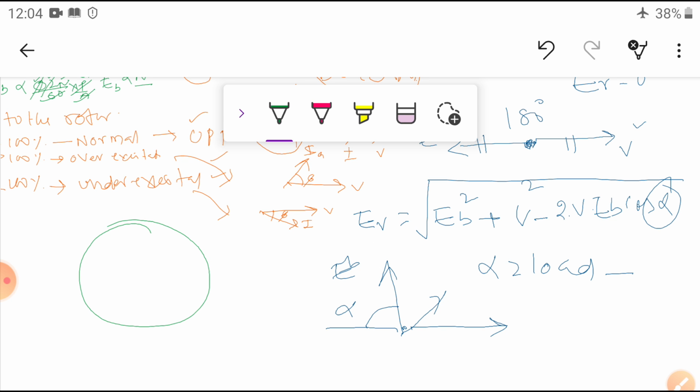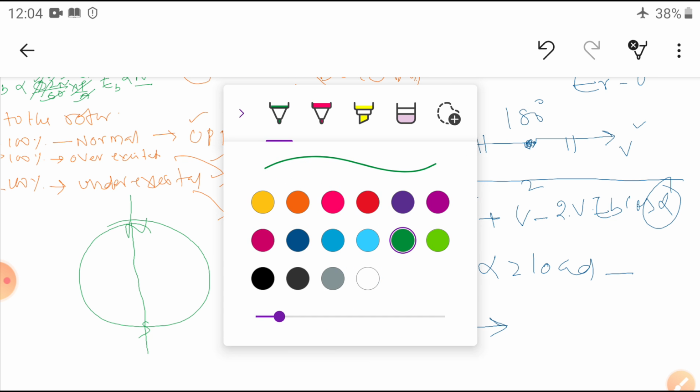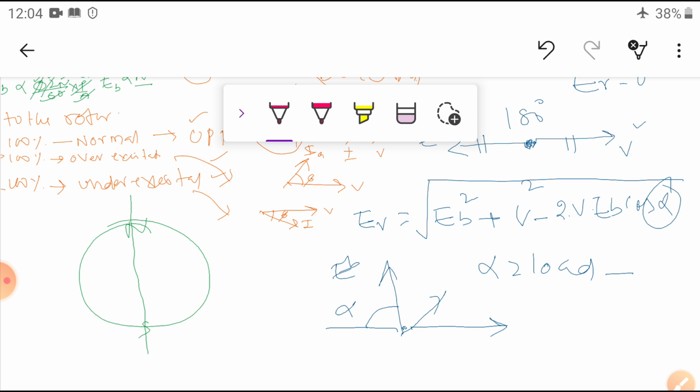The stator has a north pole and south pole, and the rotor also has a north pole and south pole. Then the stator axis and rotor axis coincide with each other. The difference between the two is called alpha, which is equal to 0 in this case.